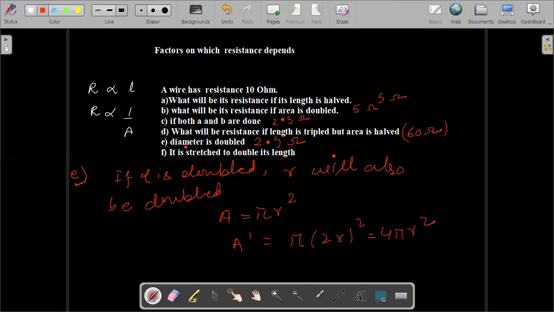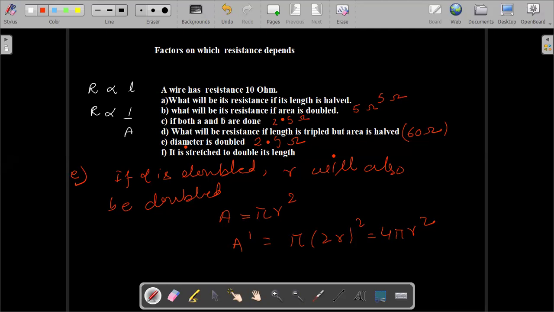Sir, 5 ohm. How much? 5. No, the length is stretched to double its length.